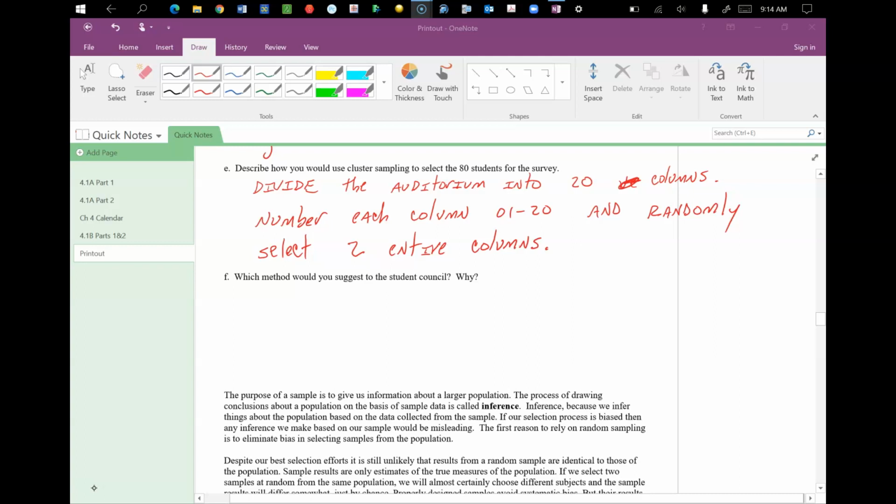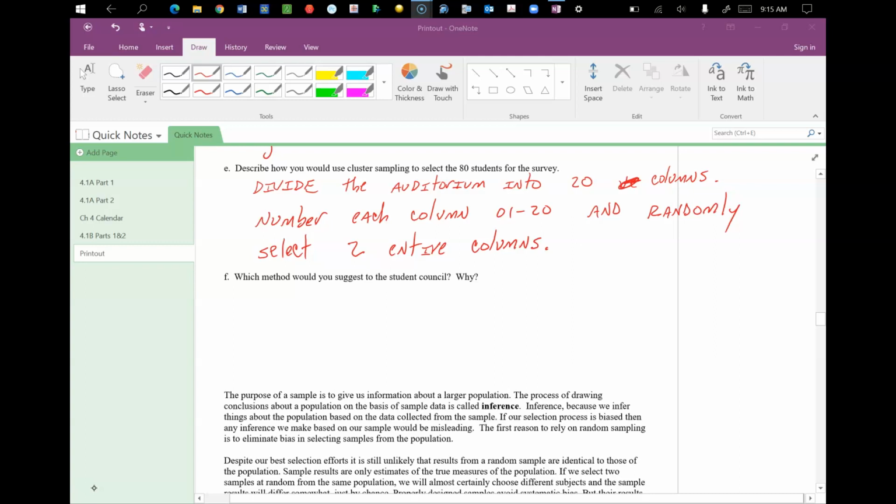Our goal is to get not only a randomly selected sample, so to avoid bias in our selection process, but a sample that is close to the population value as we could get. There's one other thing that was mentioned in this situation, and that was that the student council wanted to get results quickly. So in this case, I think that the stratified random sample and the cluster sample are the two methods that are going to give us proportional representation of the four grade levels.